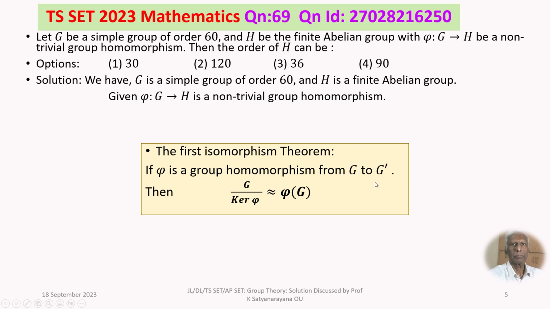We are not saying onto. Then G by the kernel of phi is isomorphic to phi of G, that is the image of G under phi.